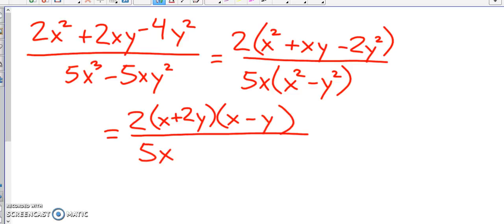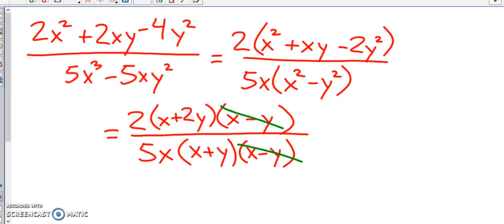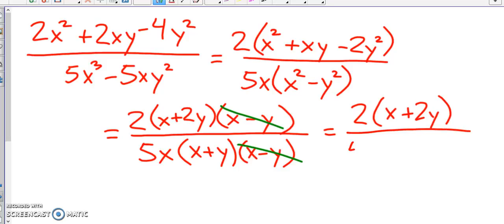I've also got 5x, and then x squared minus y squared is (x plus y) and (x minus y). The x minus y's cancel. Nothing else does, and so my answer is 2 times (x plus 2y) over 5x times (x plus y).